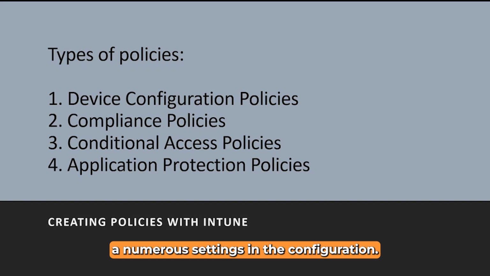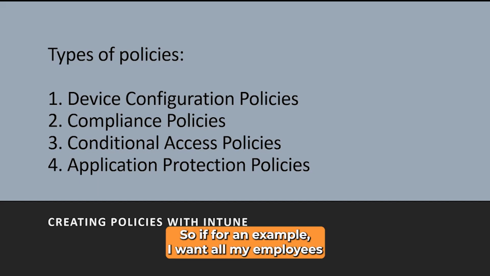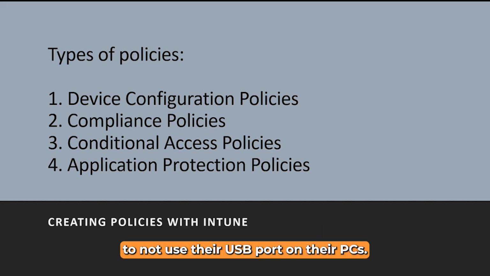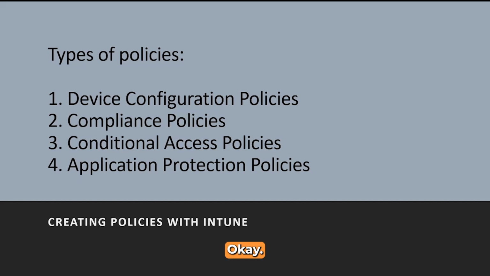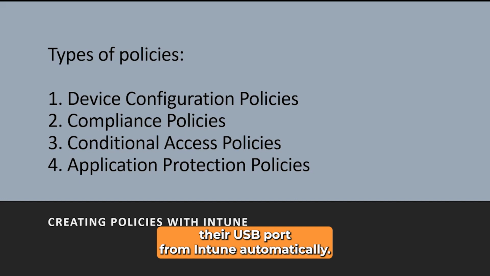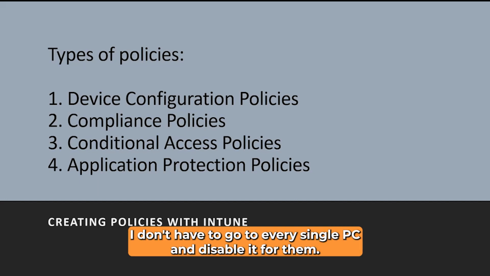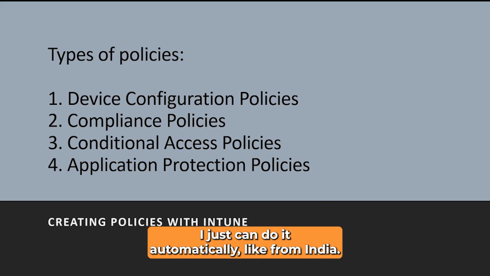For example, if I want all my employees to not use the USB ports on their PCs, I can disable their USB ports from Intune automatically. I don't have to go to every single PC and disable it. I can just do it automatically from Intune.